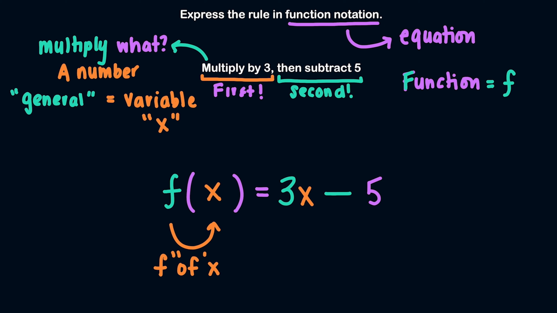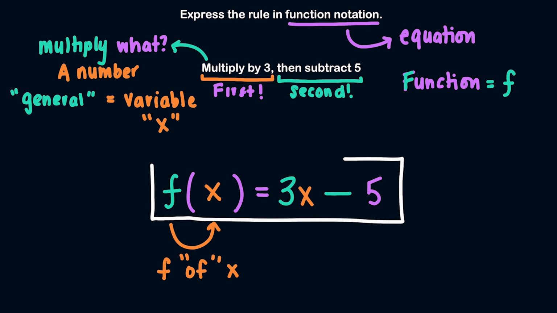Apply the rule to x. That's all that is, and that's how you say this part of the formula or equation. So f of x equals 3x minus 5, and we are done. That is boxed off, and you are done with this question.